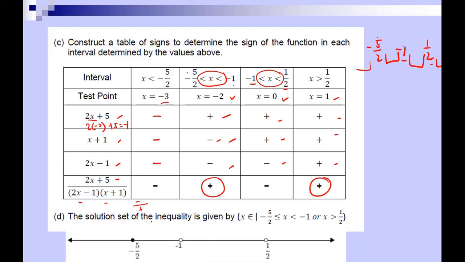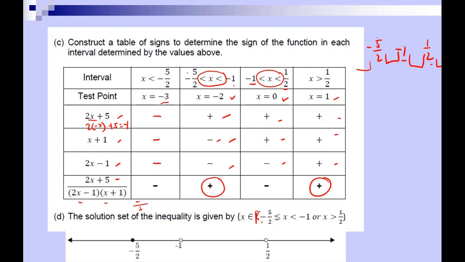So just copy the solution set of inequalities given by the set of x is an element of a real number such that x greater than or equal to 2. Kailangan natin ang greater than or equal to kasi may equal sign siya.